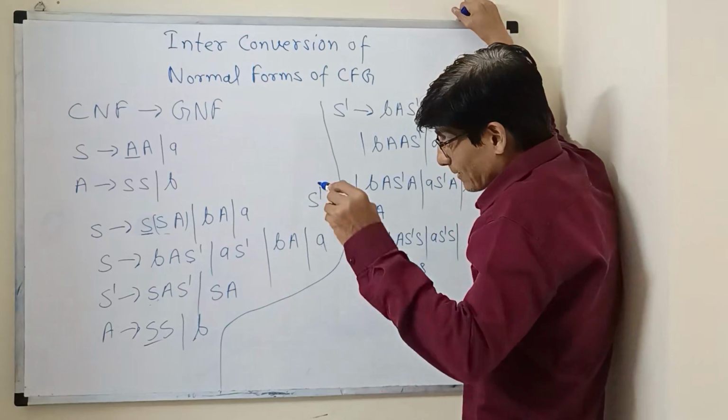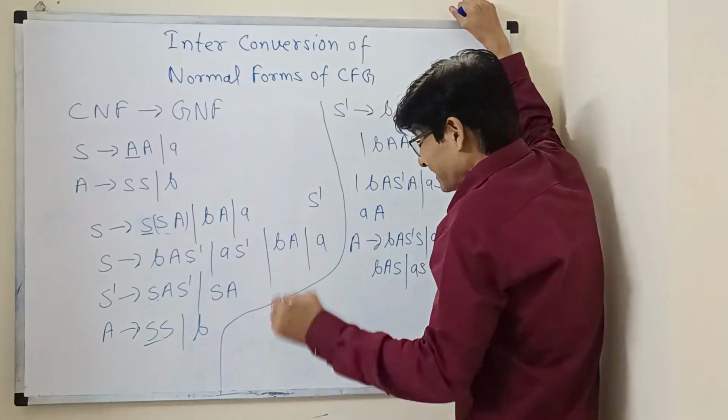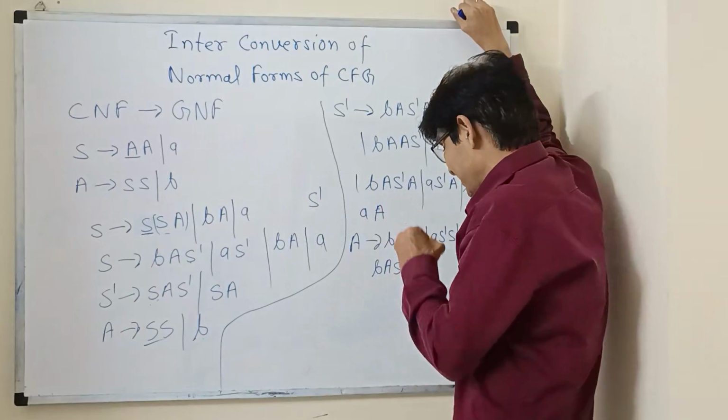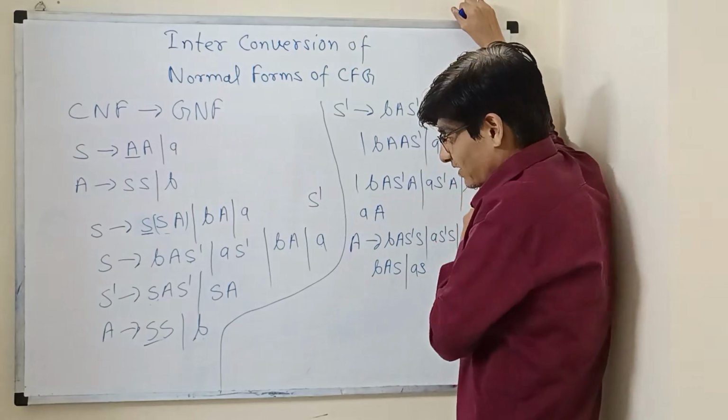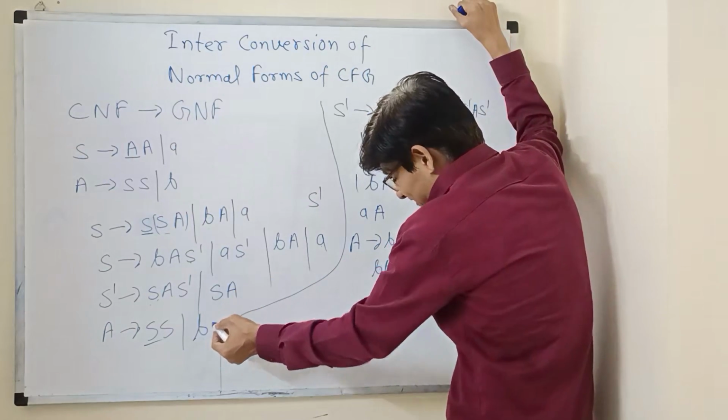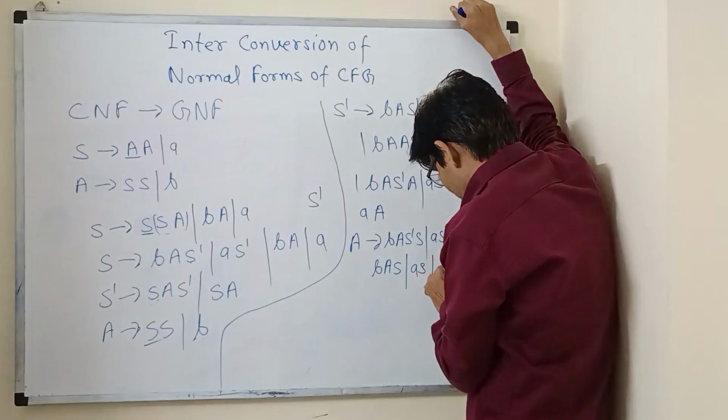So from this production we have created 4 different productions of A which are in GNF. And this production will remain as it is for A.